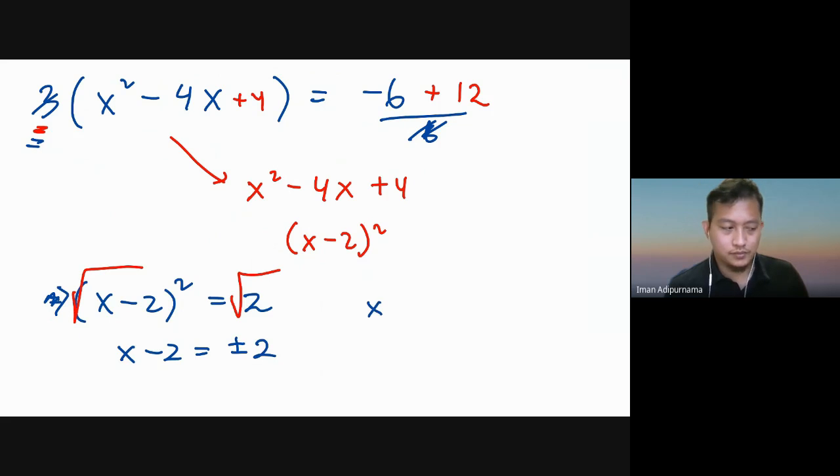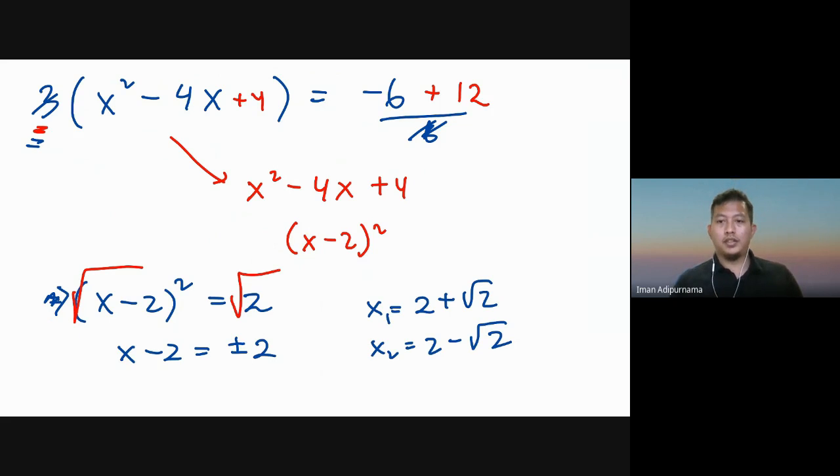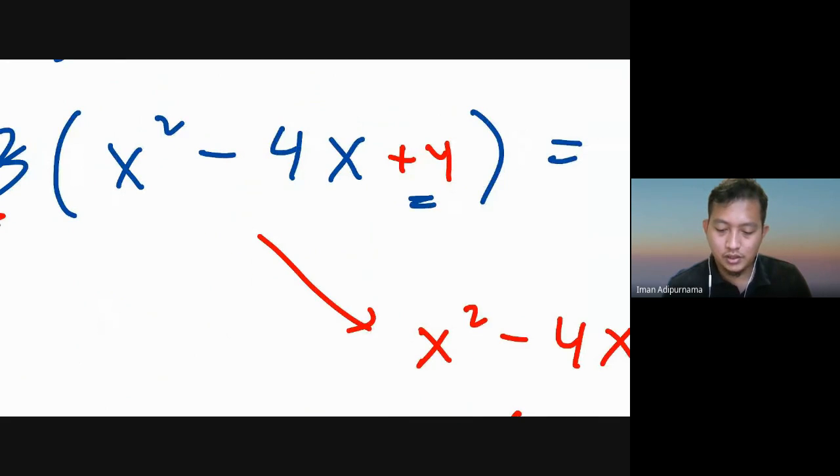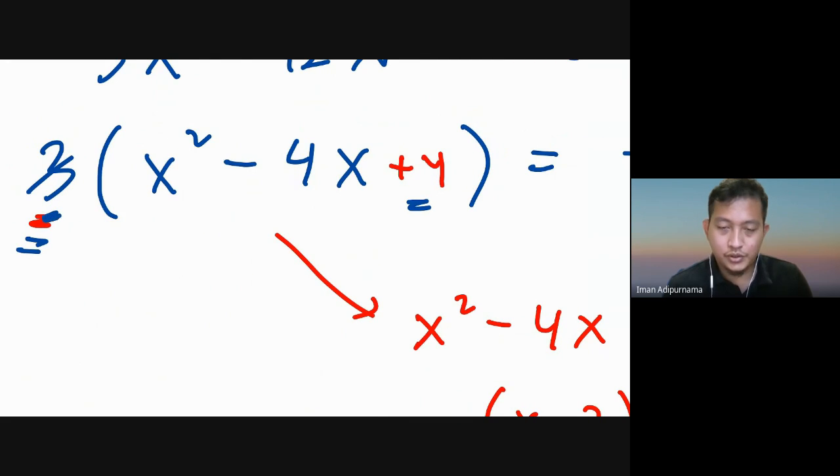So x minus 2, you take the square root of both sides, is plus minus square root of 2. Or you can write x equals 2 plus square root of 2, and the other x is minus. Okay. I think you can divide if you want. Oh, 12? Oh, 12 here is from plus 4 here, but it's adding 3 times 4 here, right?